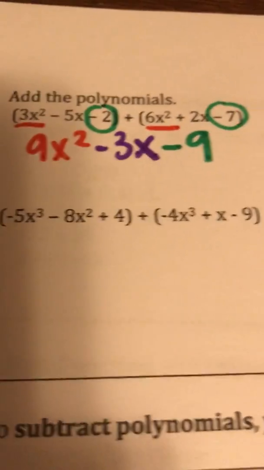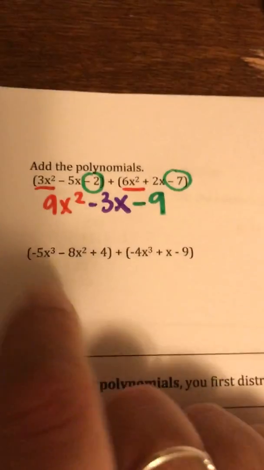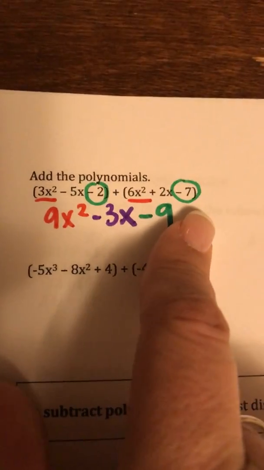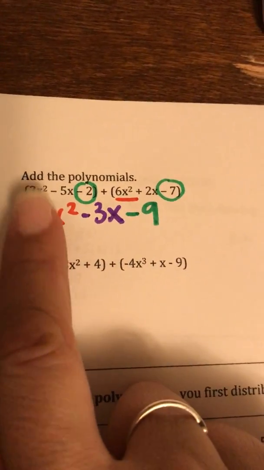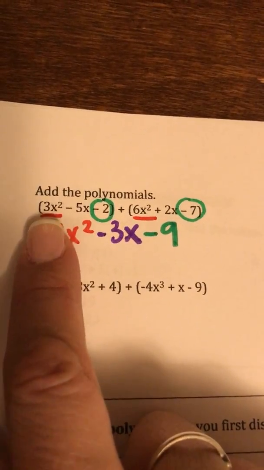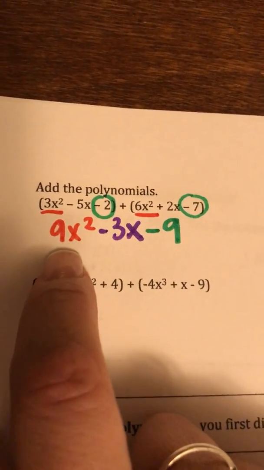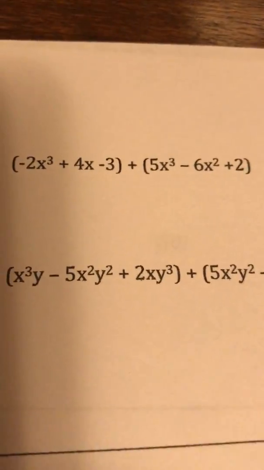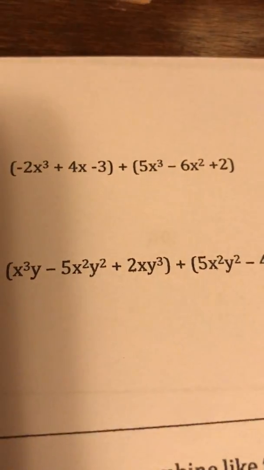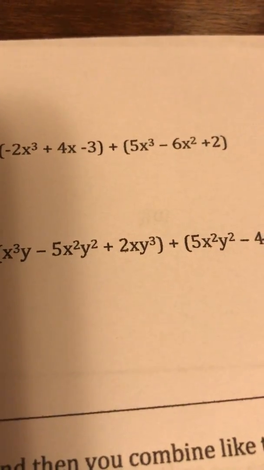Okay, so since these are all combining all the way across, we can take the like terms from here and combine them. Okay, let's try another one. Why don't you go ahead and pause this and then come back to it and see if you did it correctly. Okay.